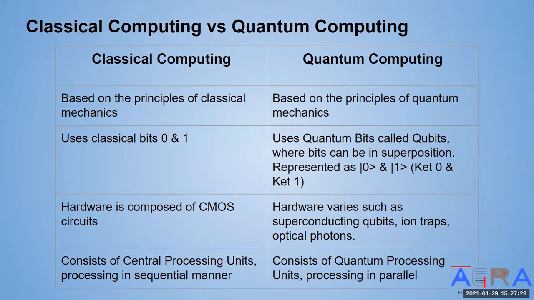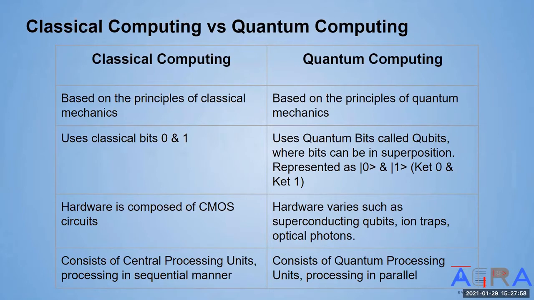And here we go. So this is the difference between classical computing and quantum computing. As you know, classical computing is based on classical mechanics. You use classical bits 0 and 1, and CMOS circuits, complementary metal oxide semiconductor circuits, are used to manufacture classical computing devices such as your laptops, mobiles, and every other electronic gadget you have.